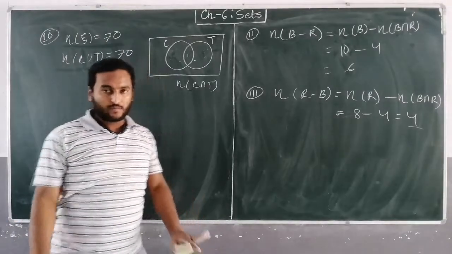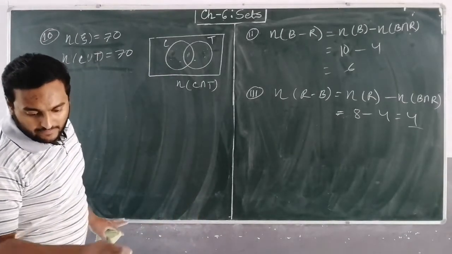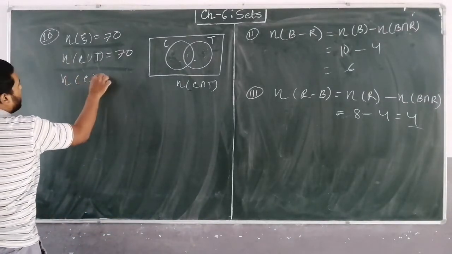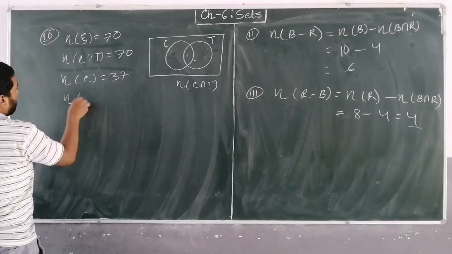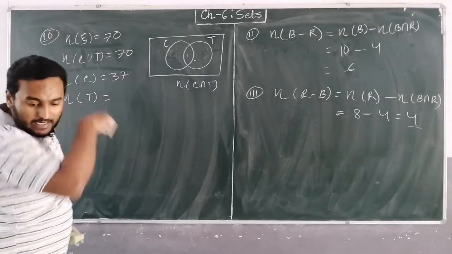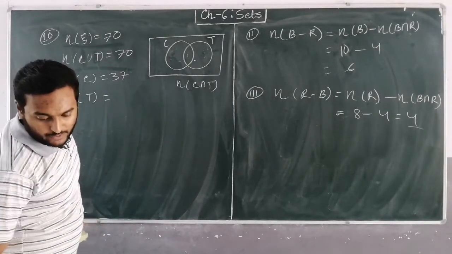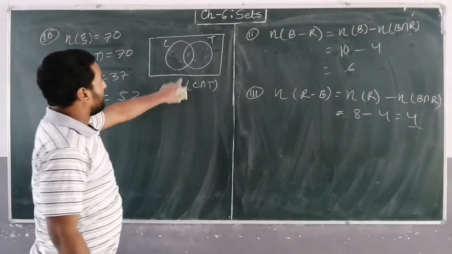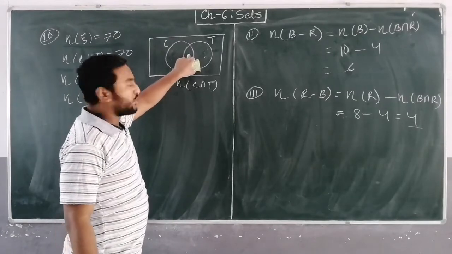Now it is given 37 like coffee. So the number of people who like coffee, n of C, equals 37, and the number of people who like tea, n of T, equals 52. What do you have to find? The number of people who like both coffee and tea.